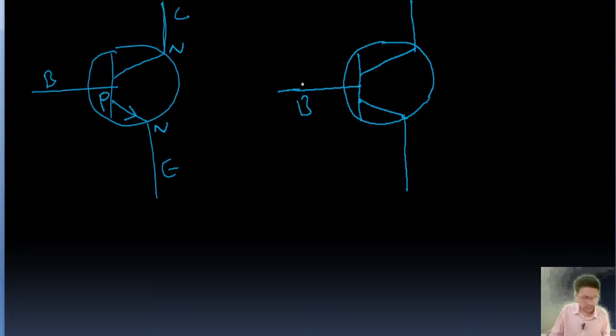So this is base, this is collector, this is emitter. This is P part, this is PNP transistor, and this is N, this is P N, right?